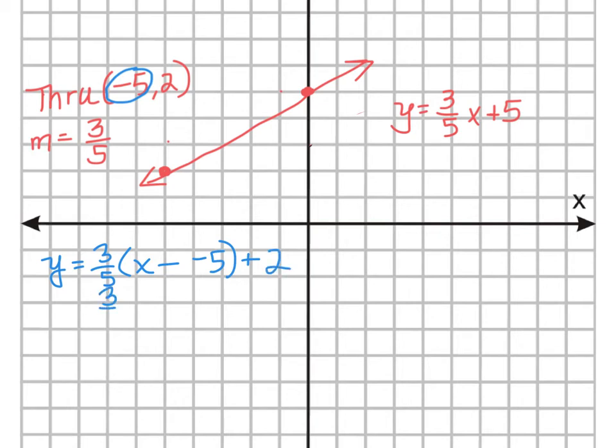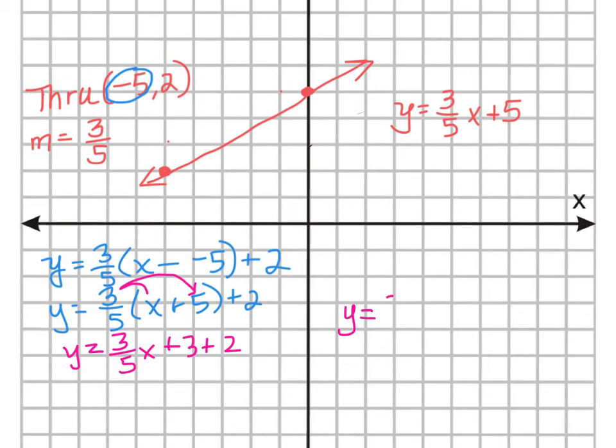So that's 3/5 times really x plus 5, plus 2. And now again, I'm just going to distribute and clean it up. y equals 3/5 x, 3/5 times 5 is just plus 3, plus that 2. Gives me the same answer I had to begin with, 3/5 x plus 5.